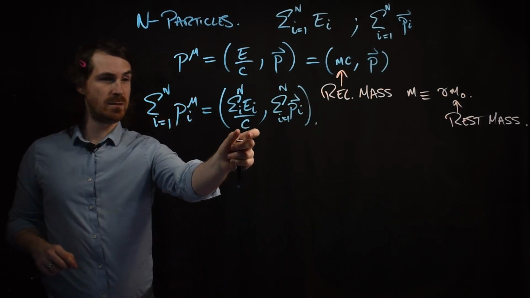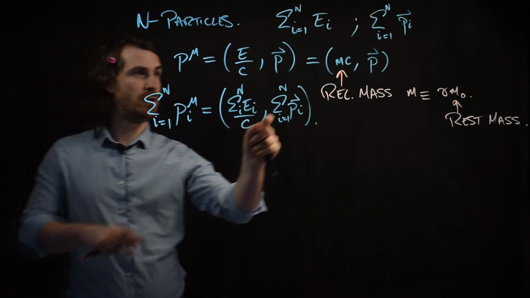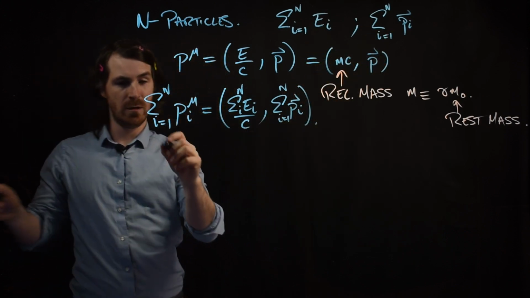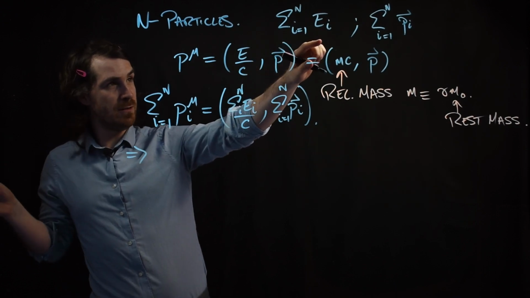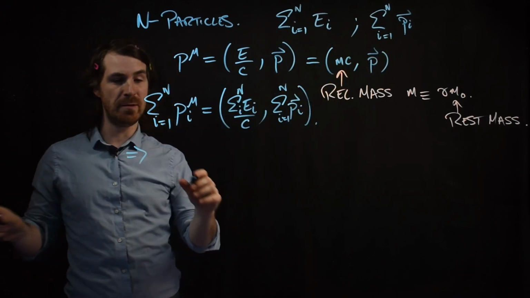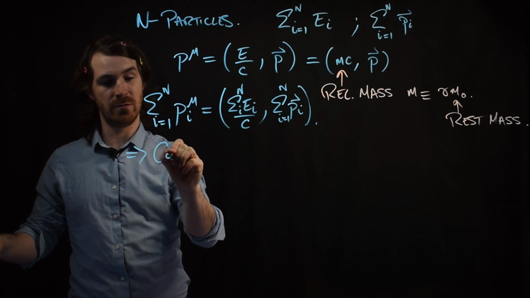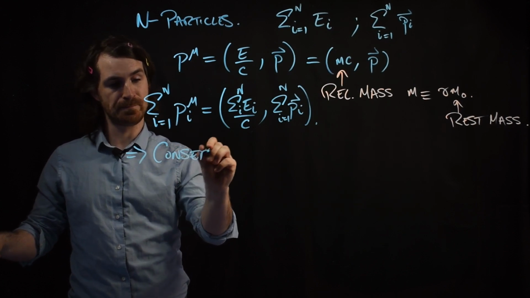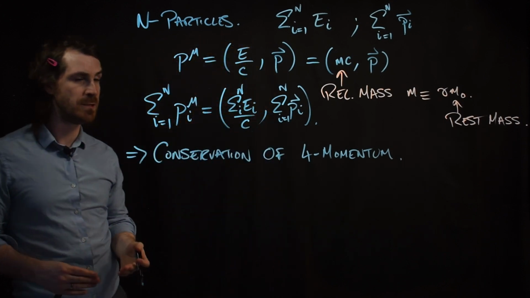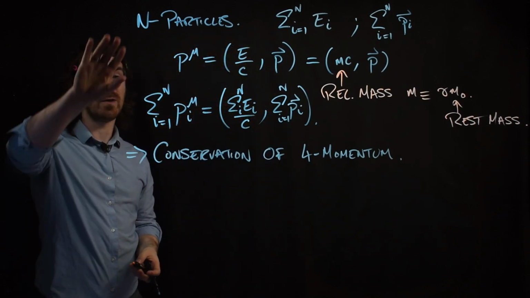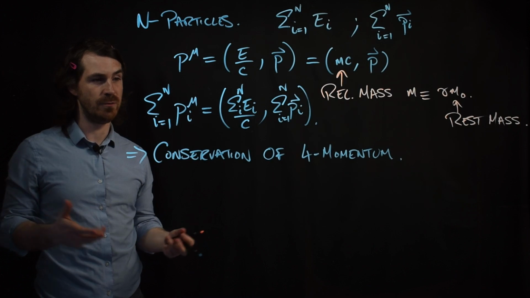Okay, so these components we know to be conserved quantities. So the conservation of energy and the conservation of 3 momentum demands the conservation of 4 momenta. So 4 momentum is conserved for a system of n particles that have no external forces.